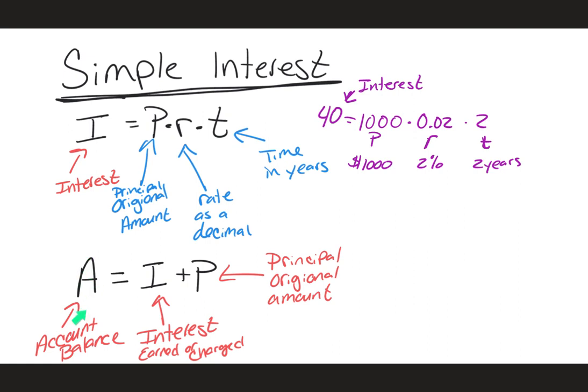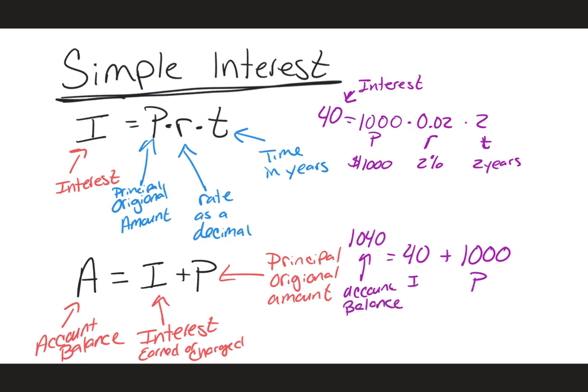If I want the account balance, I have to go interest plus principal equals account balance. So I started with $1,000, that was my principal, plus the $40 I earned in interest equals $1,040, which would be my account balance.